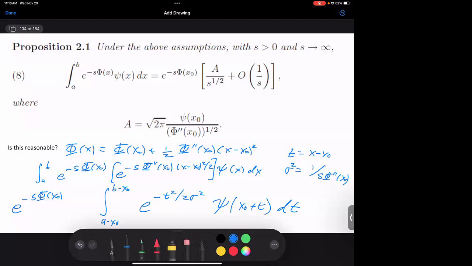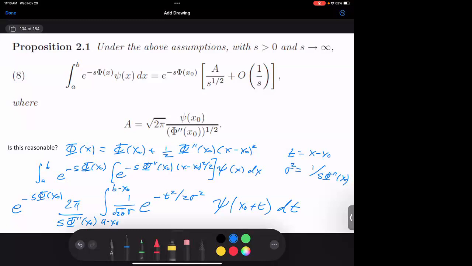Square root of 2 pi sigma squared, or 1 over square root of 2 pi, and if you want sigma outside. So then that means I have to multiply by 2 pi sigma, and sigma here is 1 over s phi double prime of x naught.